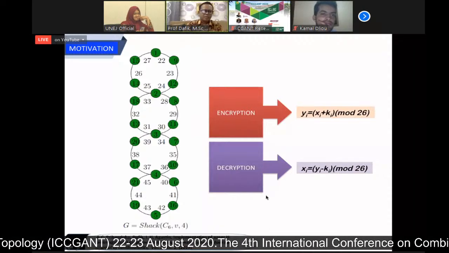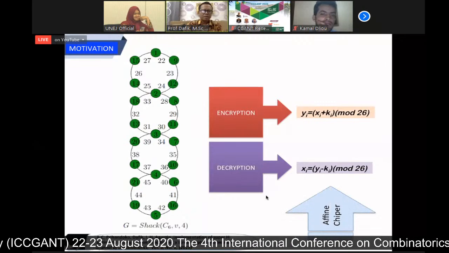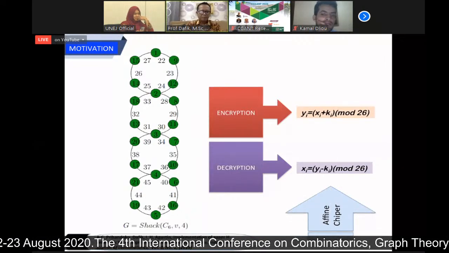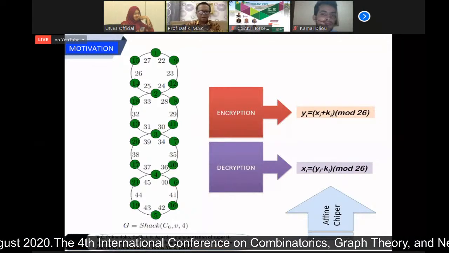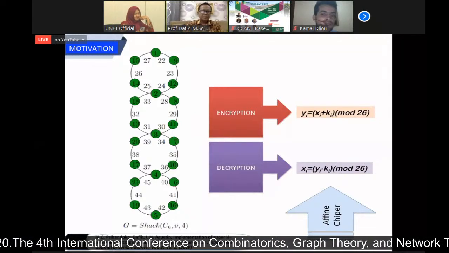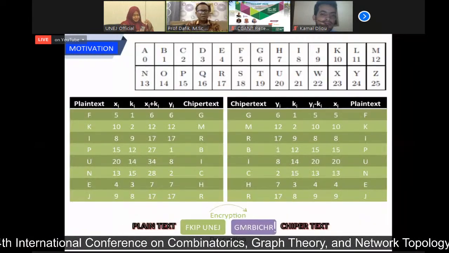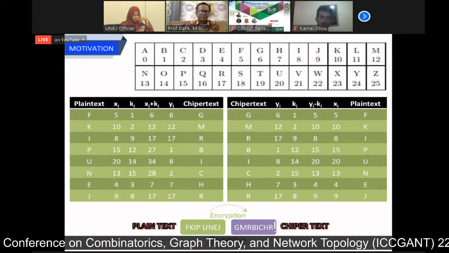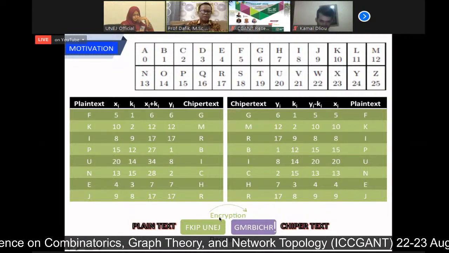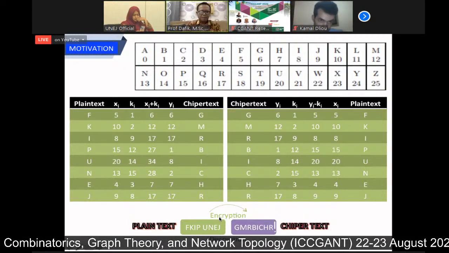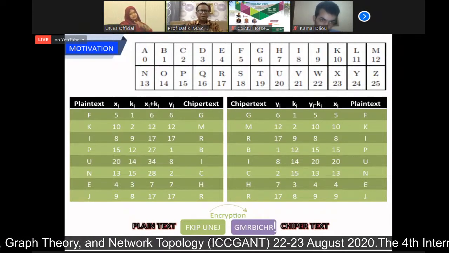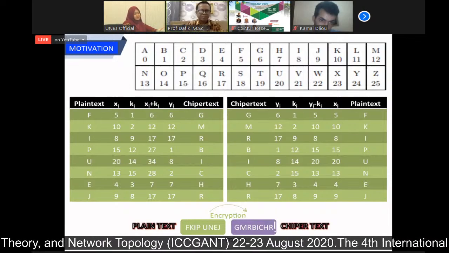So what is the detail of this crypto system? Firstly, we call it the affine cipher, and then by using this graph with anti-magic labeling, with a polyalphabetic crypto system, we finally have this kind of example.